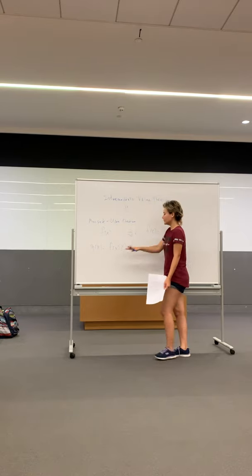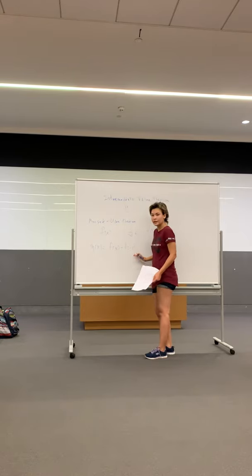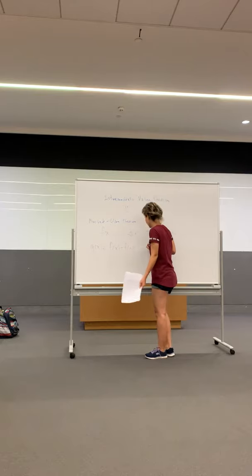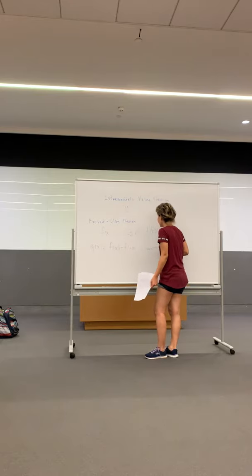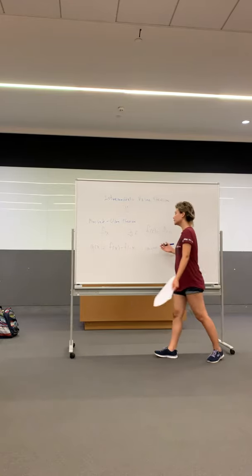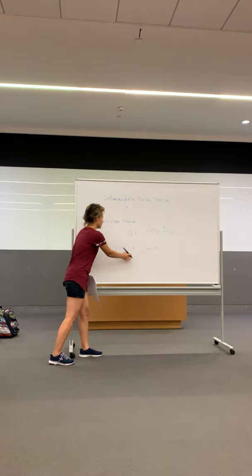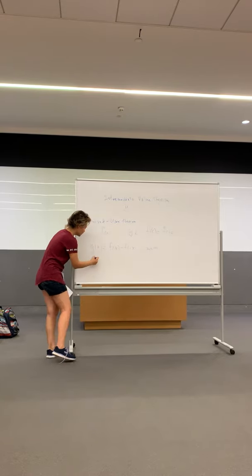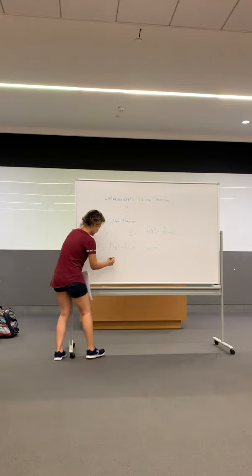So basically, because this function is continuous, its difference is also continuous. It's a continuous function. And because of that, we can see that g of x is this, but g of minus x is this.